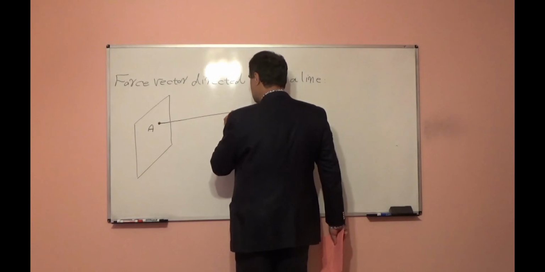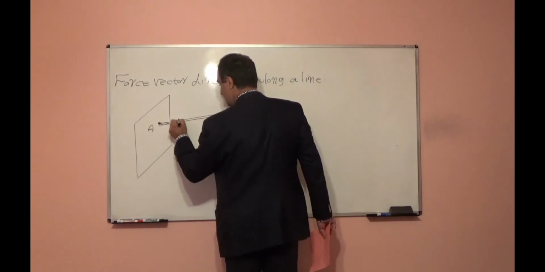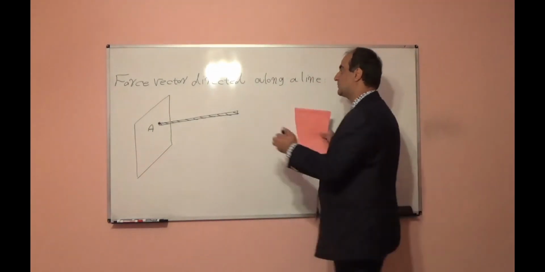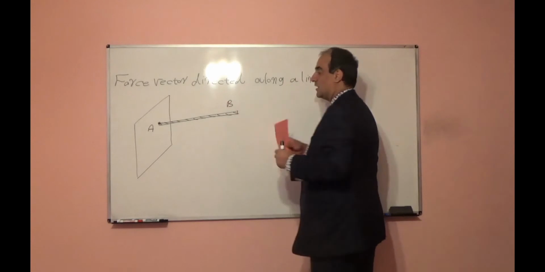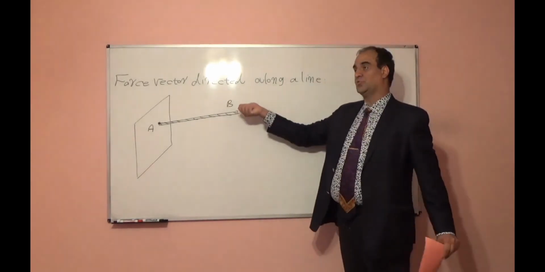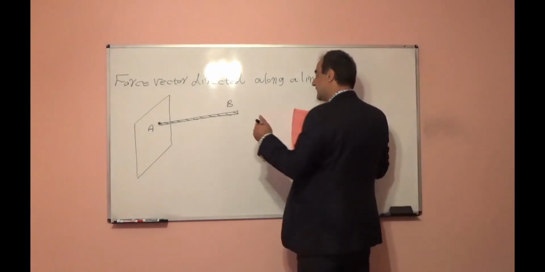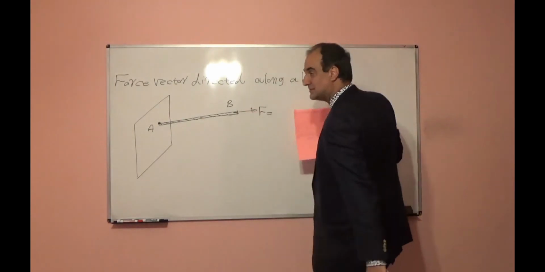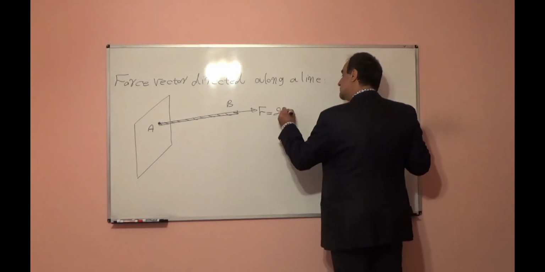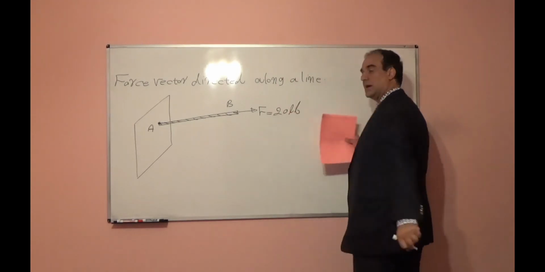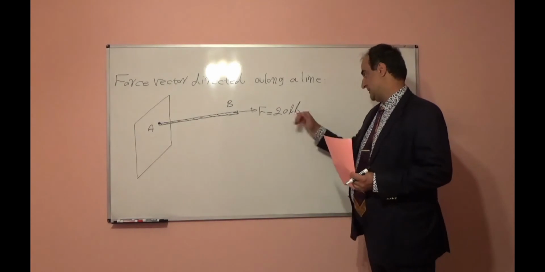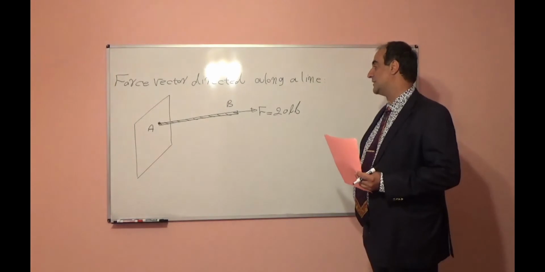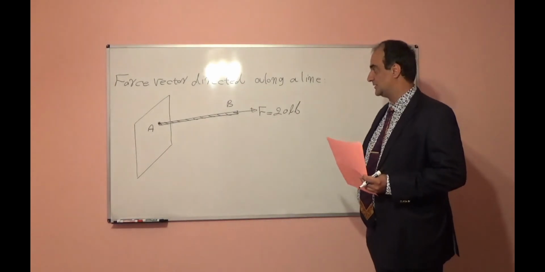This is the rope, and I pull this rope at point B and I apply force. The force, for example, has magnitude 20 pounds. If I want to represent this force in Cartesian vector form, how can I do that?